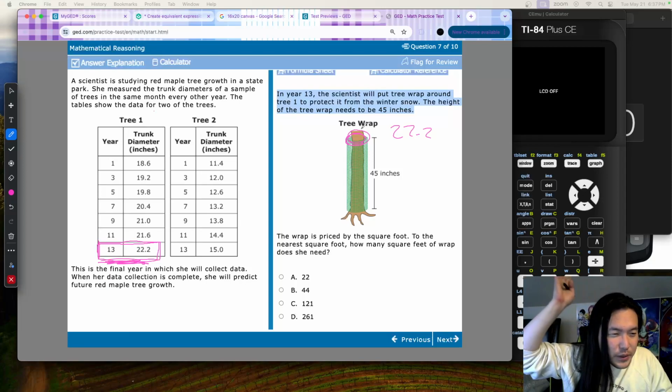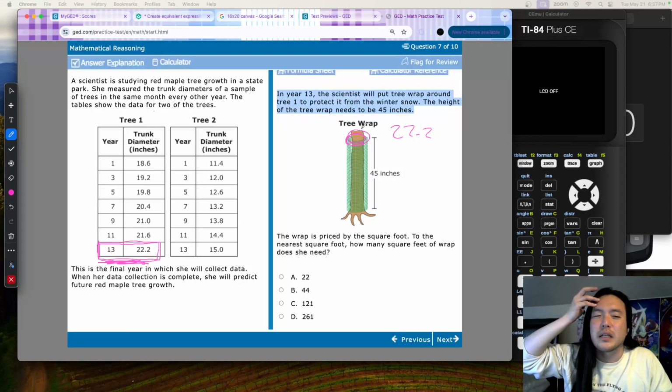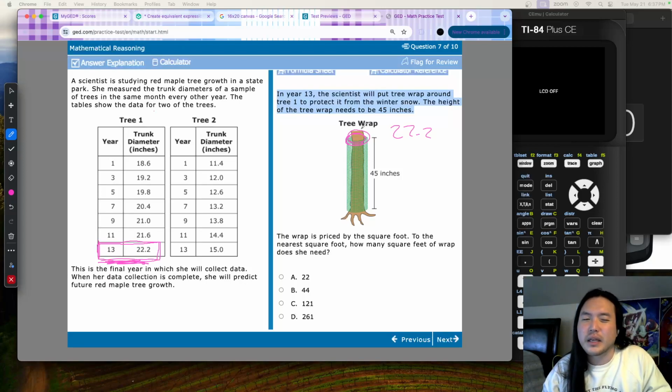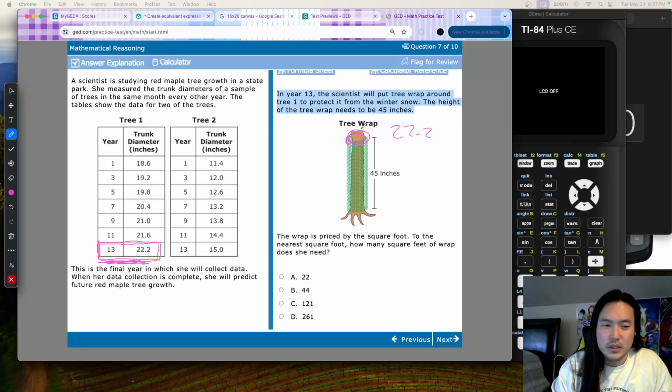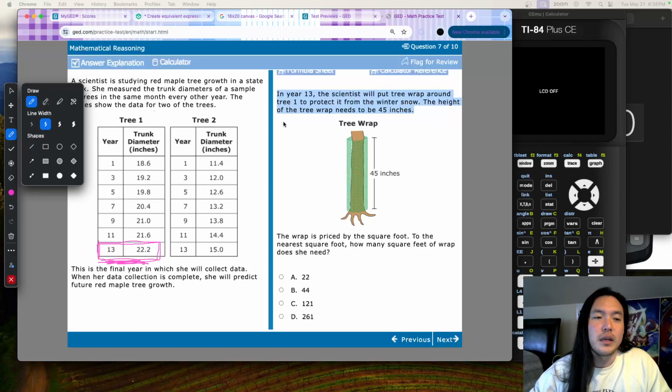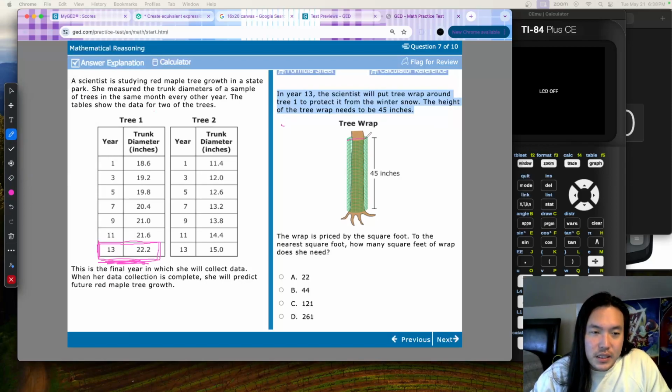So if the wrap is 22.2 inches long and it's 45 inches tall, do you think you can calculate the area of the wrap? Oh, sorry. Diameter, not circumference. Okay. So here, the diameter is this way across. Yeah, sorry, I misled you for a second.